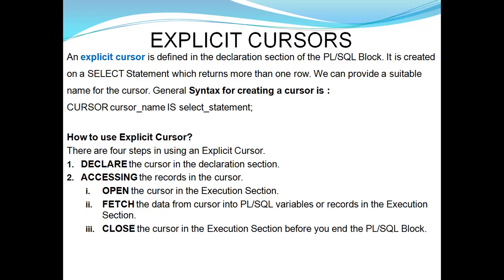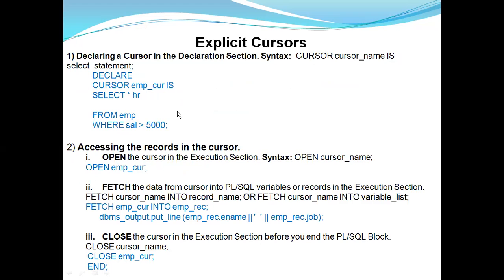First, open the cursor. Second, after opening, fetch the record from the cursor. You can keep on fetching one record at a time. Once you fetch all the records, close the cursor and done. It looks very difficult to understand, but while using, they are very simple to use. Now, syntax wise, how to do that?